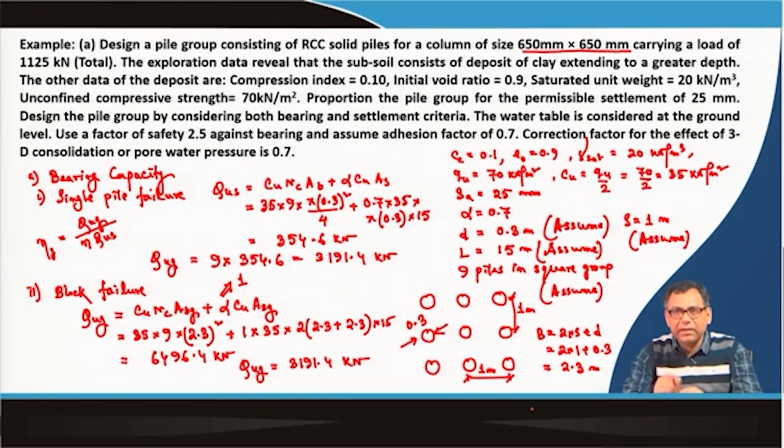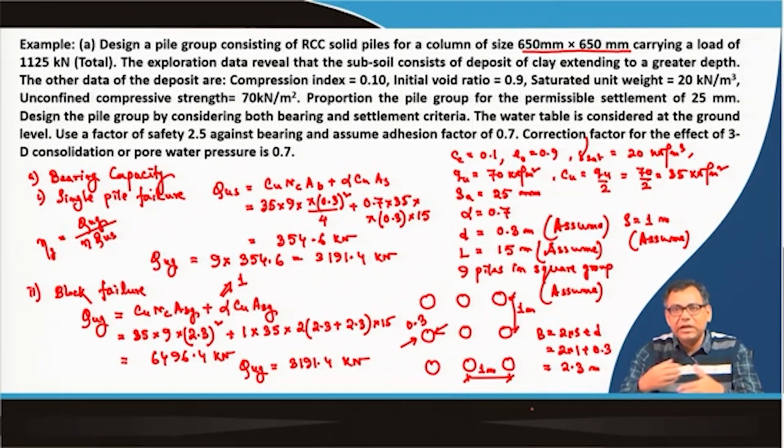But when the single pile failure gives a lower value compared to the block failure, that means the spacing is sufficiently large, that is why we are getting a single pile failure. In that case efficiency will always be 1. Efficiency cannot be greater than 1 except in one case that I have discussed, the loose sand driven pile. In that case also we will get efficiency greater than 1, but during design you consider efficiency equal to 1.